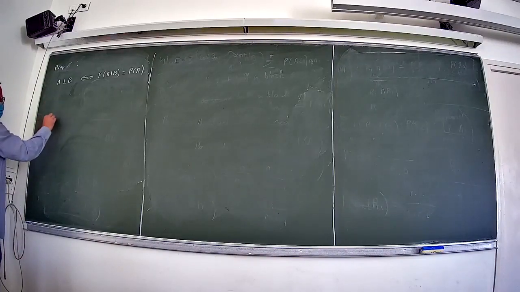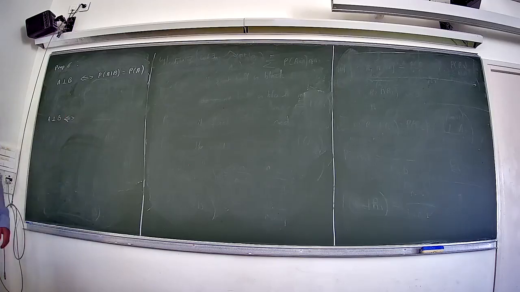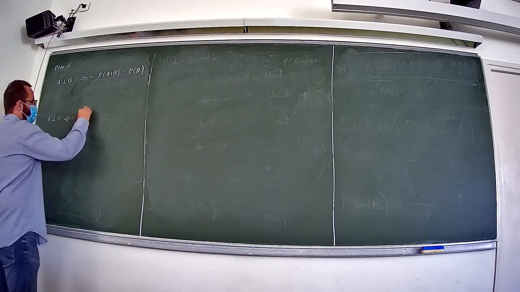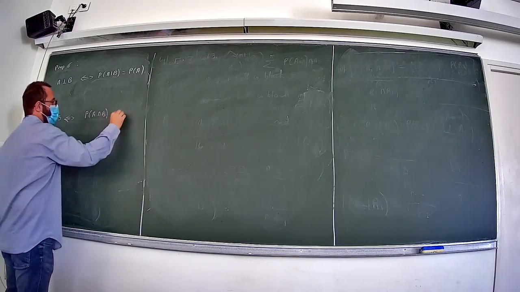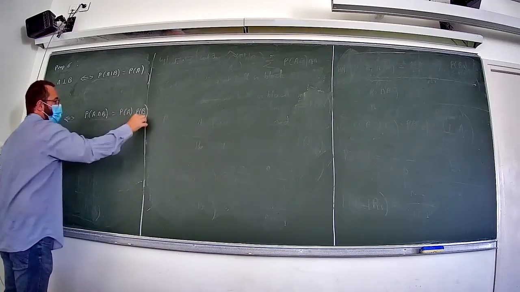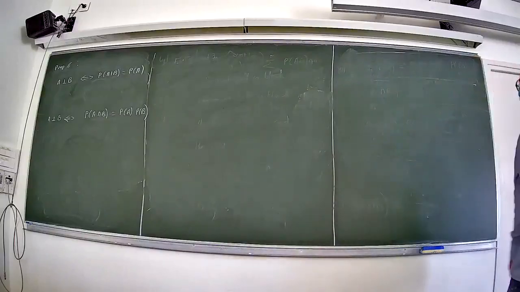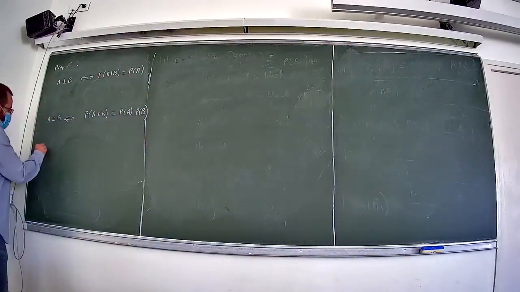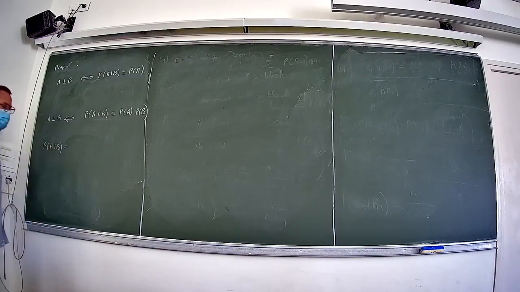What is it to be independent? By definition, to be independent means that the probability of the intersection is equal to the product of the probabilities. Okay? It's the definition of independence. So I have this. By definition, P of A given B is equal to what?